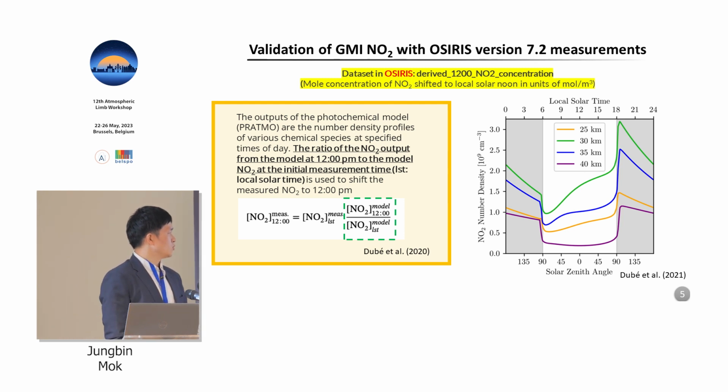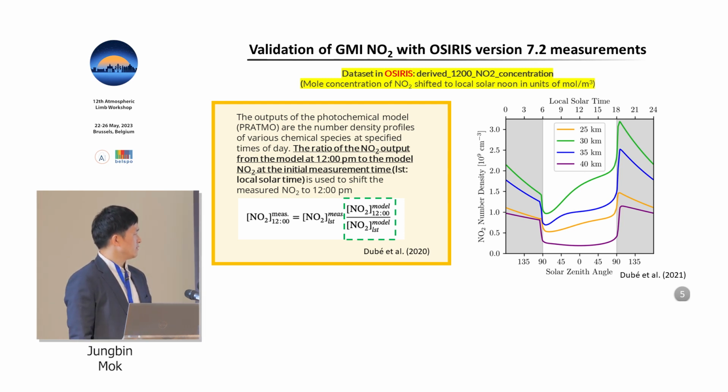You can see the NO2 diurnal variation is very rapid, especially at sunrise and sunset. Also, thanks to the model simulation, they measured NO2 near sunrise and then converted it into NO2 at 12 p.m., so we can compare using these NO2 profiles.